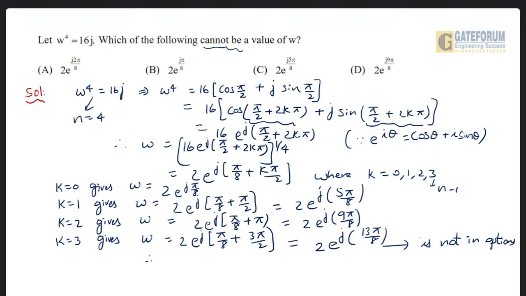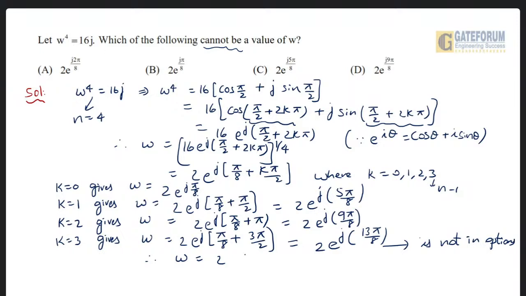Therefore, w is equal to 2 into e power j 13 pi by 8 is not in the options. The first three are in the options, and option A we didn't get. We got 13 pi by 8 in place of 2 pi by 8.